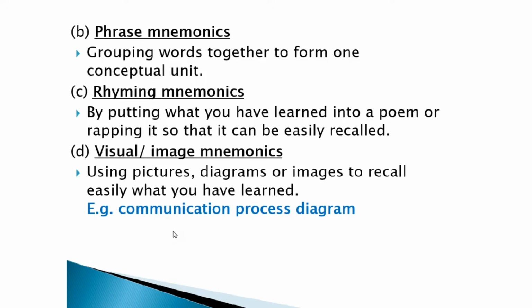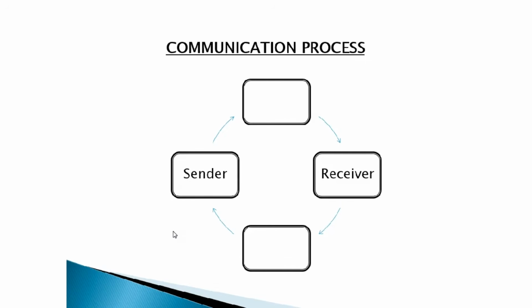And lastly, visual or image mnemonics, where you will put what you have learned in the form of diagrams or use pictures or images to recall easily what you have learned. Like in a communication process diagram, it can be easier for you to know how the message is being conveyed from the sender to the receiver.